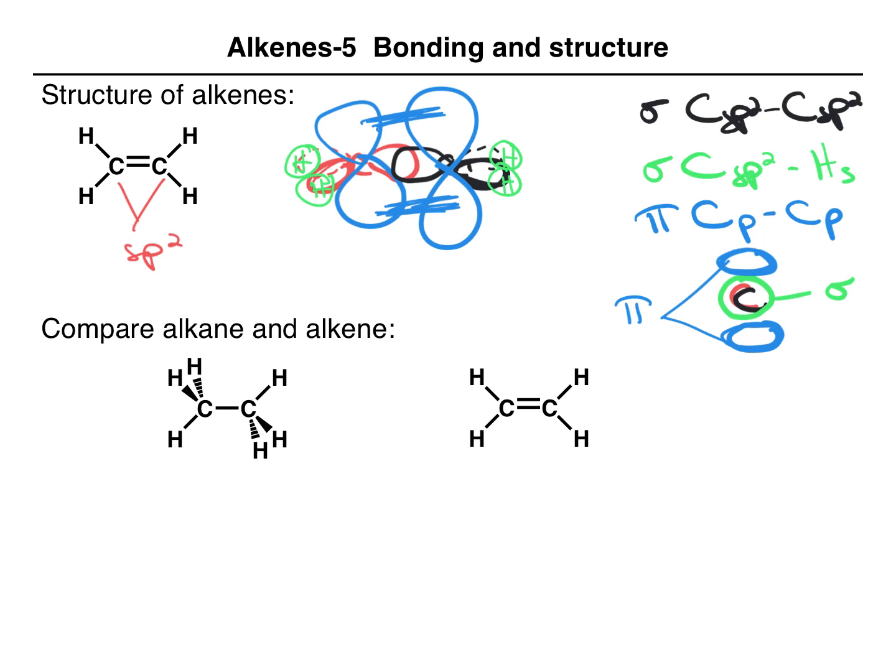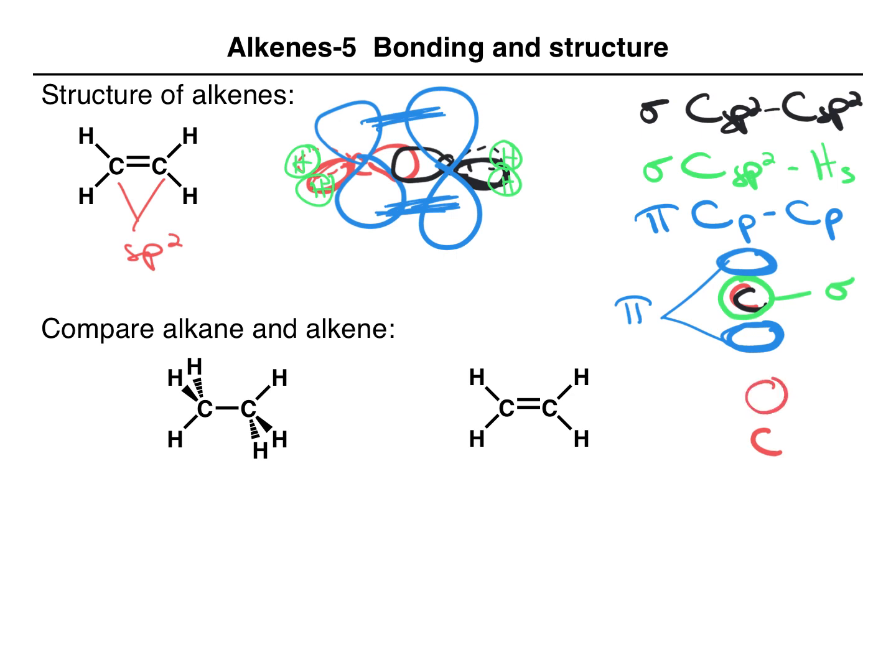Why did I just give you that reminder about sigma bonds and having free rotation? Well, let's think about trying to rotate around a double bond. If we were to take this atom and rotate it around, then this sigma bond would not be affected. But what would happen, let's say here is our red carbon, and now I'm going to change the colors of the p orbitals.